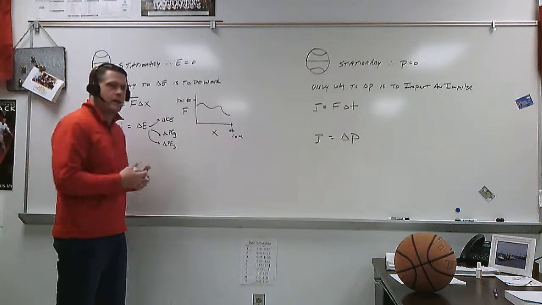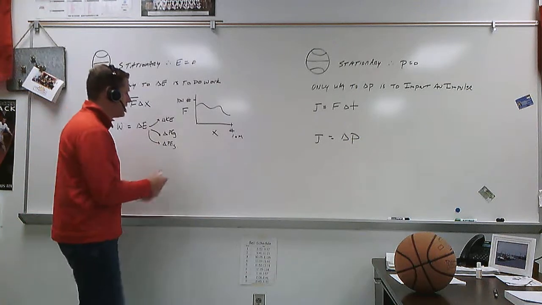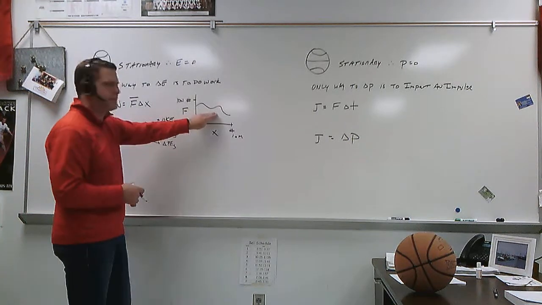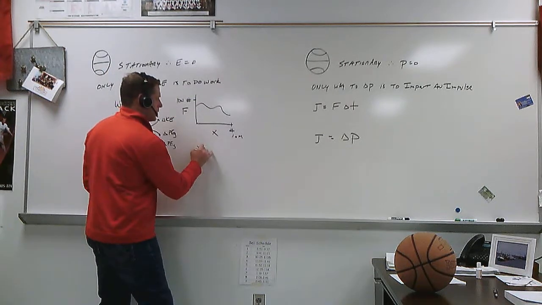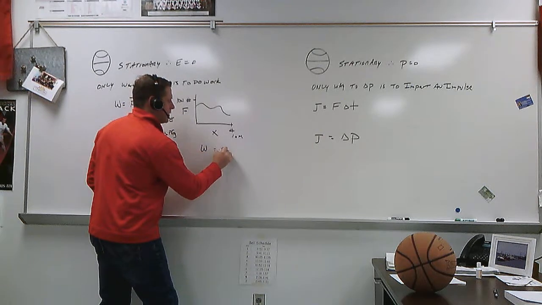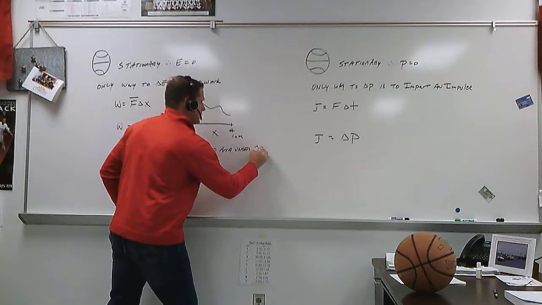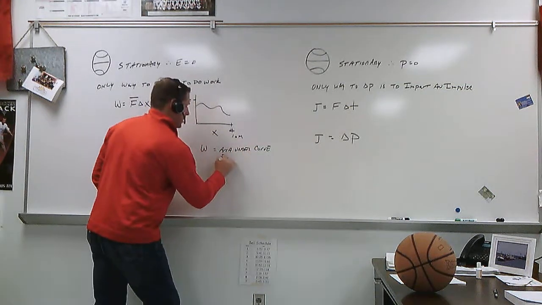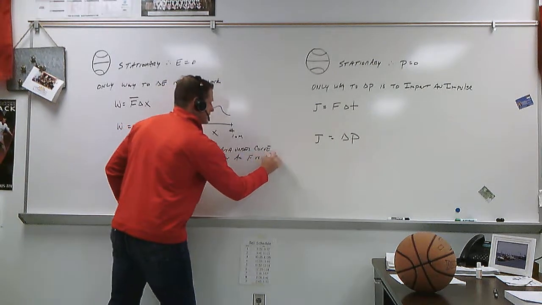Now, in reality, we could have done that area under the curve for the other ones as well, and we'll show you that in a second, but you'd have to do that in this particular case. So work is equal to the area under the curve for an F versus X graph.